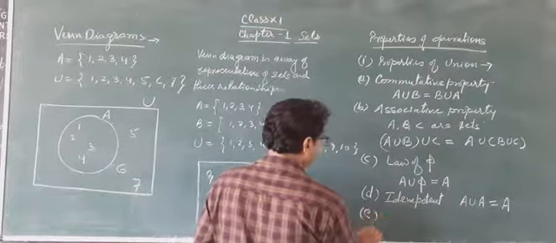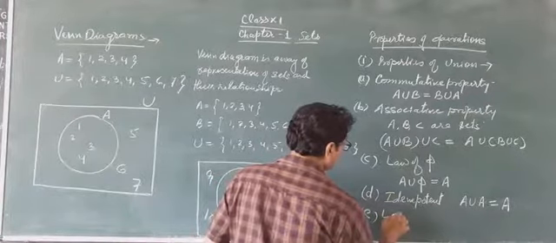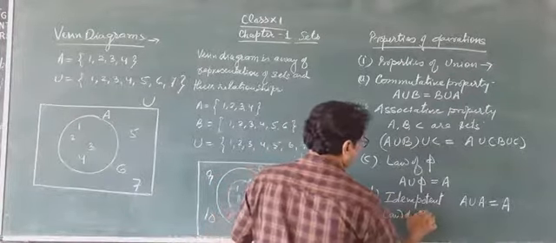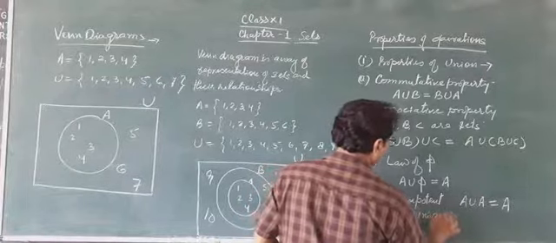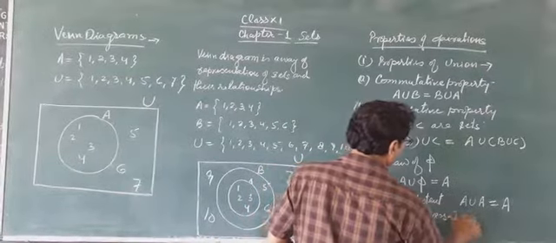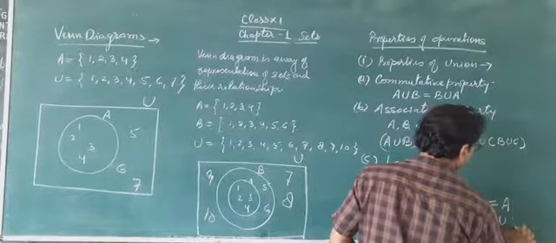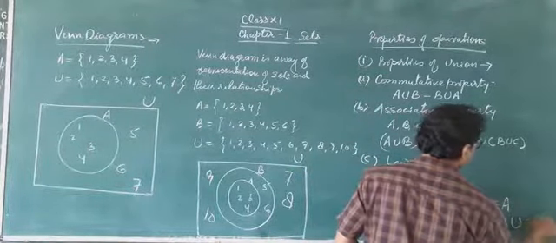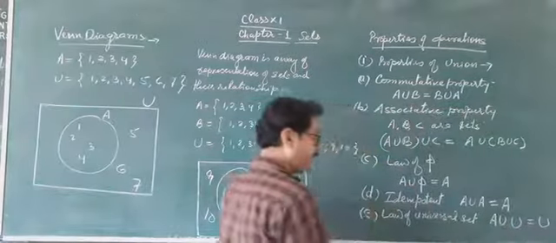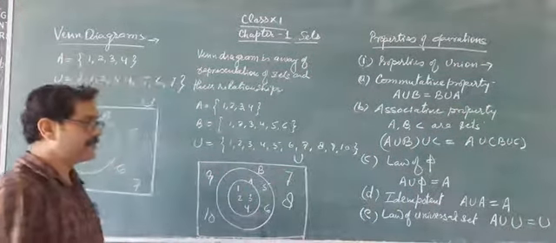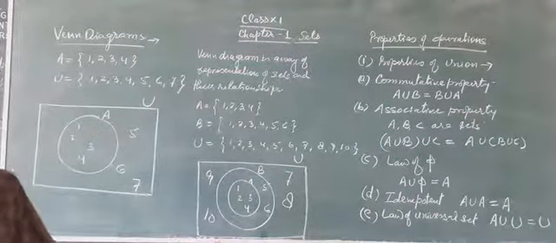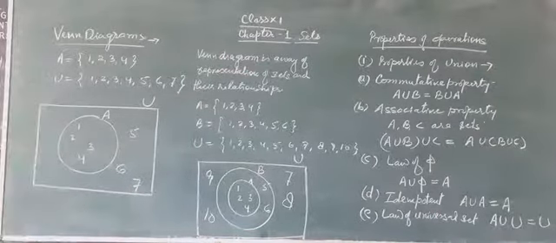Next is the law of the universal set, which means A union the universal set U is equal to U. So these are the properties of union of sets.